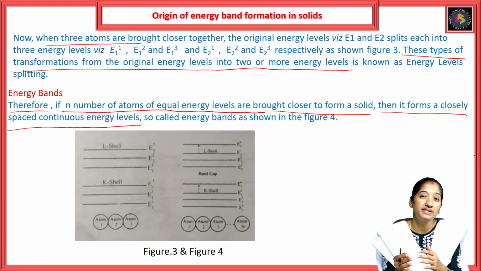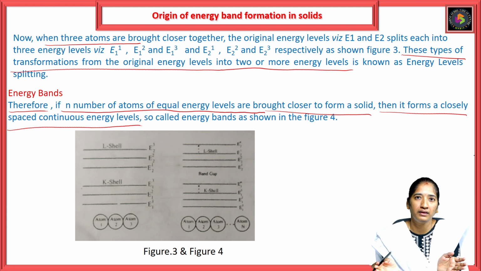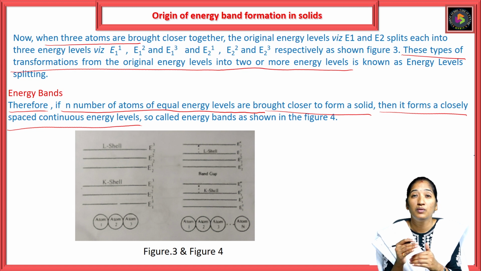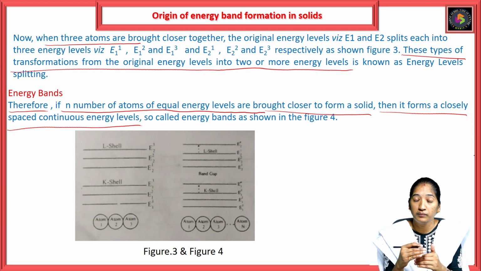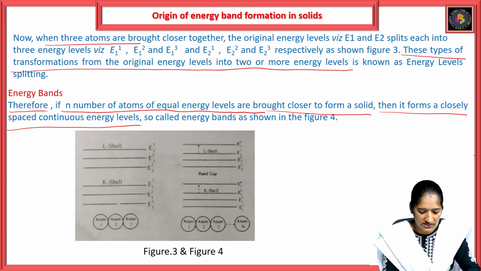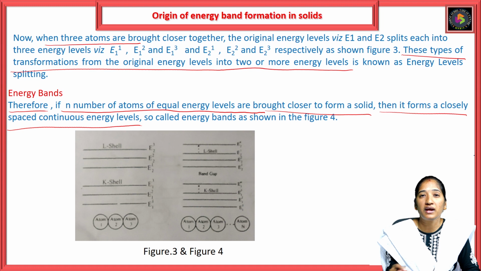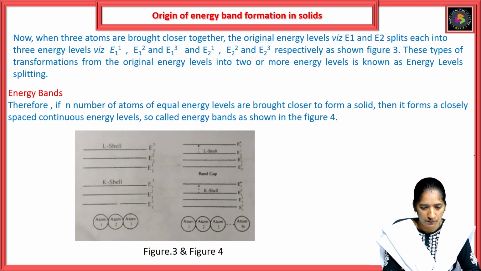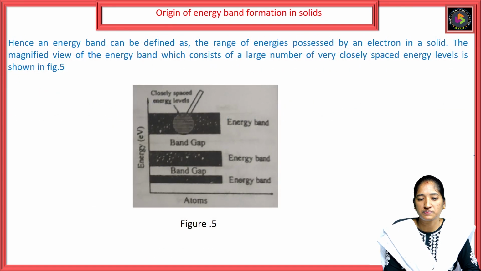Like that, if you consider n number of atoms brought close together, it consists of a number of energy levels occupied in a closely spaced, continuous way, which is called an energy band. So an energy band is a number of energy levels that are continuously closely spaced.